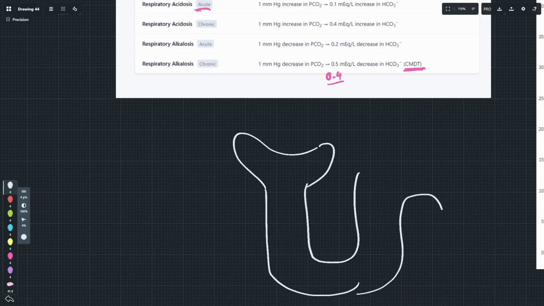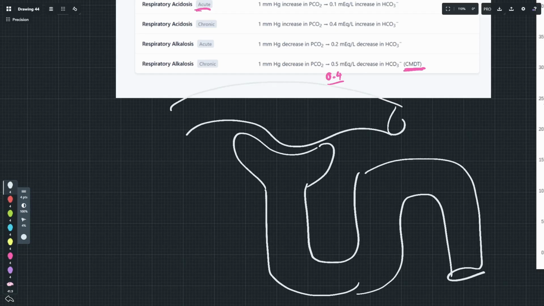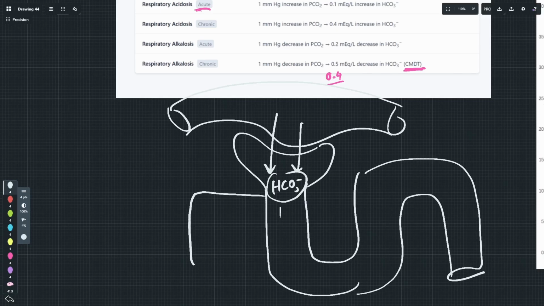Almost all of the bicarbonate is filtered across the glomerulus into the Bowman's capsule, and it comes here. Normally, if the kidney does not do something, it would be lost in urine. So the kidney has to actively reabsorb the bicarbonate through different mechanisms that we have already discussed, right?